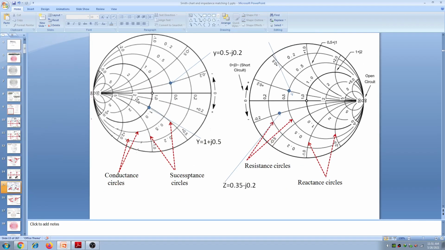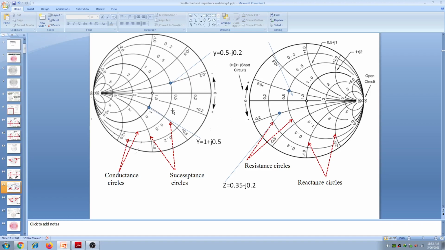Okay, and there are values. Resistance values are written above the horizontal line. This is a line, above that resistance values are written, and on the rim here, reactance values are written. Similarly, conductance values are written below here, and the susceptance values are written outside the circles, on the rim here.